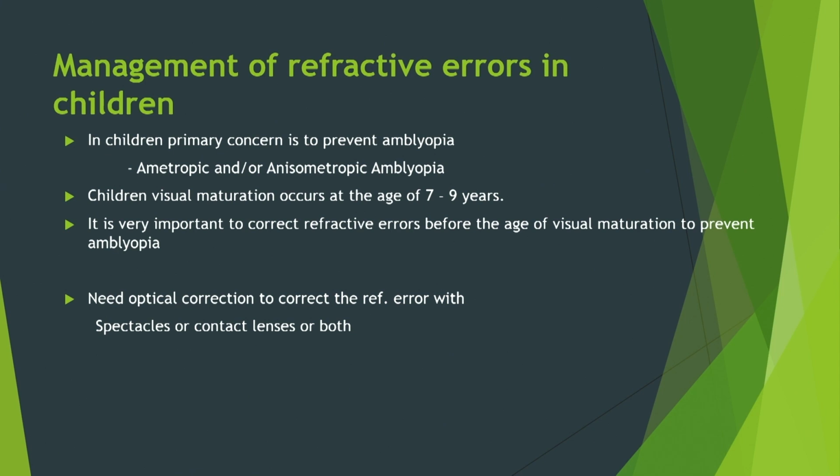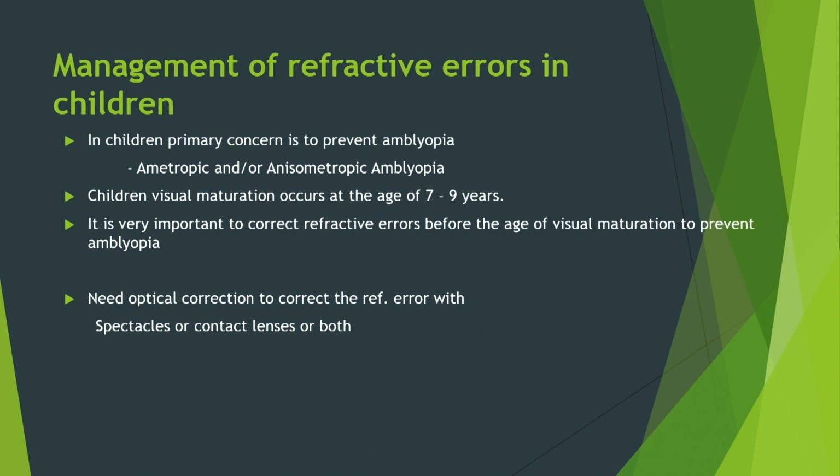During this period, if they have a refractive error and you don't correct it, they will develop amblyopia permanently. Once you pass the visual maturation age, the vision improvement is hardly any or very minimal, right? So this is the most important thing in managing refractive errors in children, right?